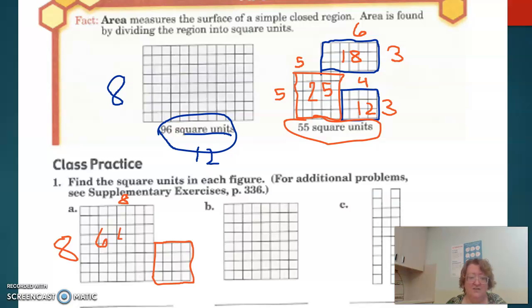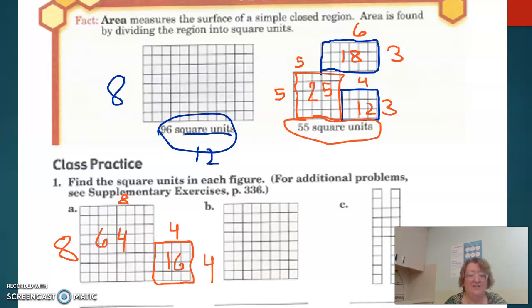Very good. 64. Now let's do this one. 1, 2, 3, 4. 1, 2, 3, 4. And this area would be 16.